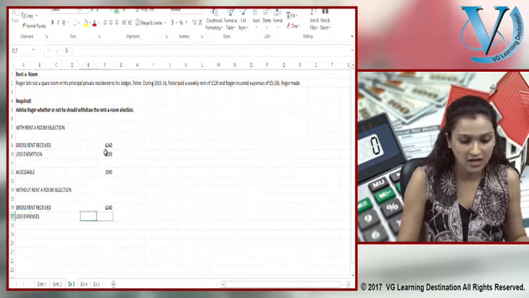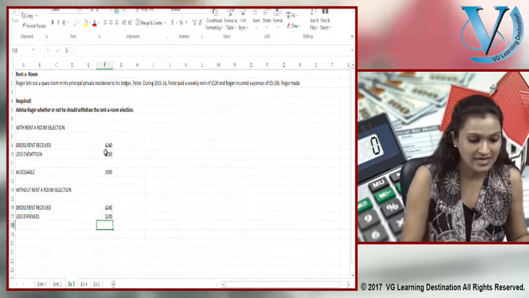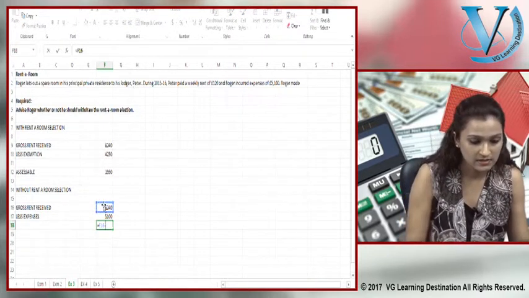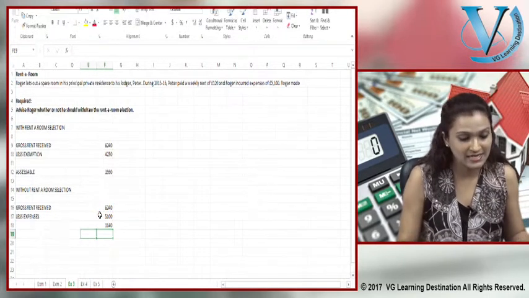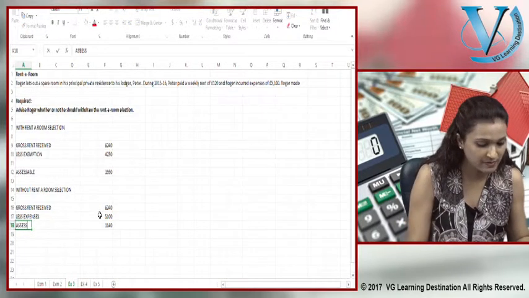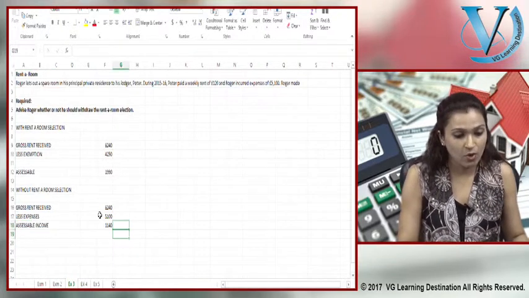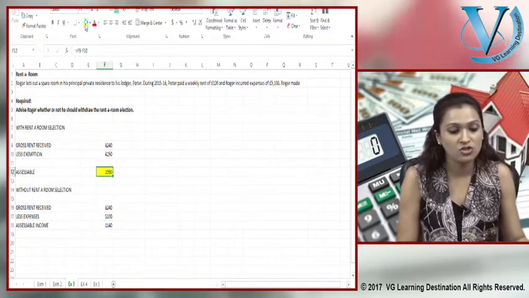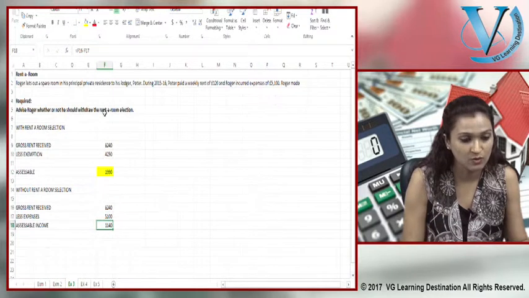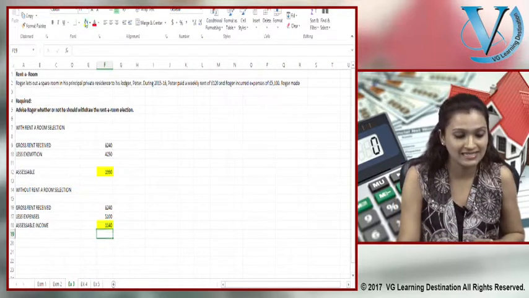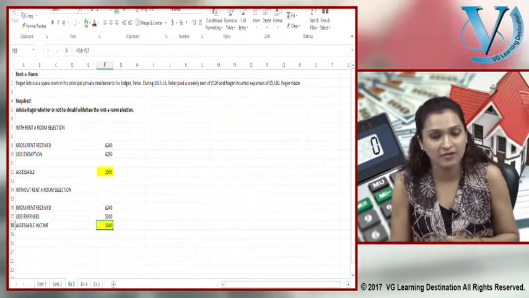Expenses incurred are £5,100, resulting in an assessable income of 6,240 minus 5,100, thus an assessable income of £1,140. So what do you think? Would you rather pay tax on £1,990 or would you rather pay tax on £1,140? Definitely you would want to pay a smaller amount of tax. So let's keep our assessable income as £1,140.